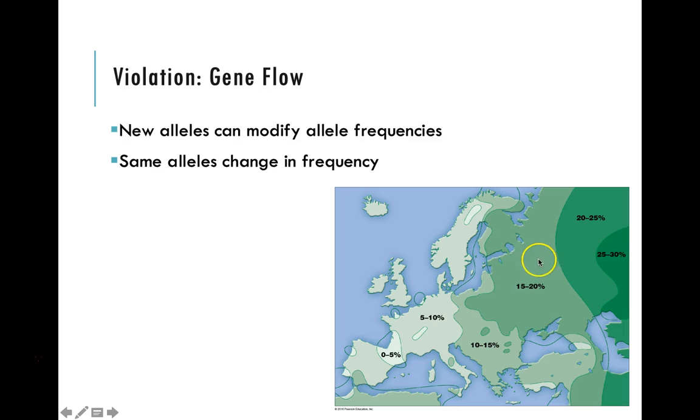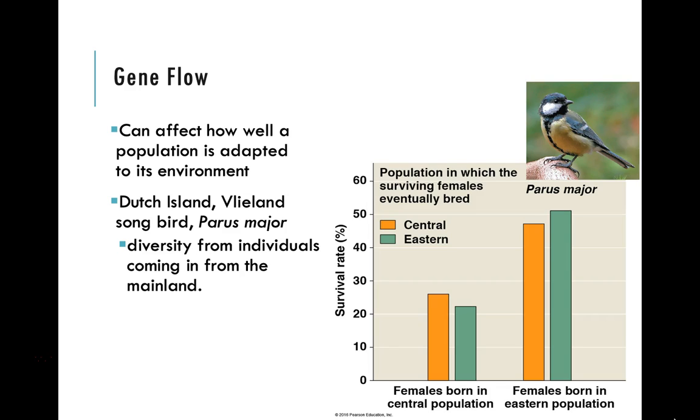As you move farther west, you can see that the percentage of the B allele decreases. So in some of these regions, you have less than 5% of the population with that B allele. So this is just showing how that allele can move over time and change the frequencies in a population as individuals carry their alleles with them.